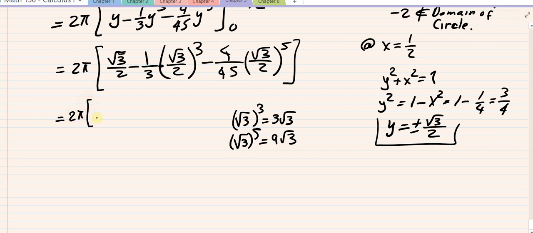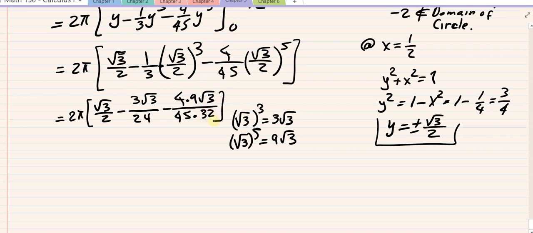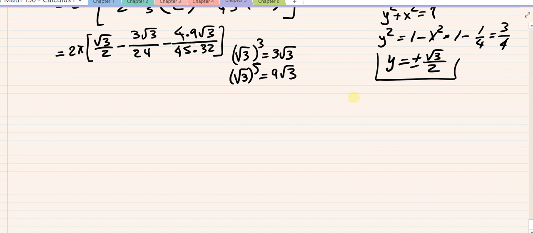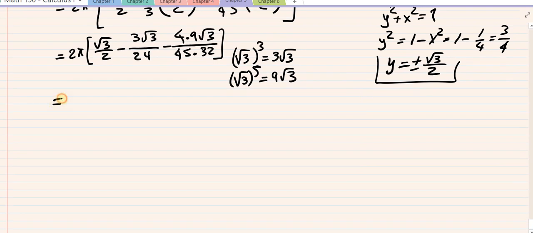It's going to be 2 pi, root 3 over 2 minus, 2 cubed is 8 times 3 is 24, root 3 cubed is 3 root 3, minus 4/45ths, root 3 over 2 to the 5th, that's going to be 9 root 3 divided by 2 to the 5th, which is 32. Let me simplify this and then put the answer for you.